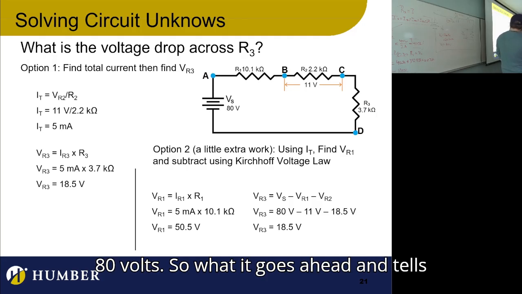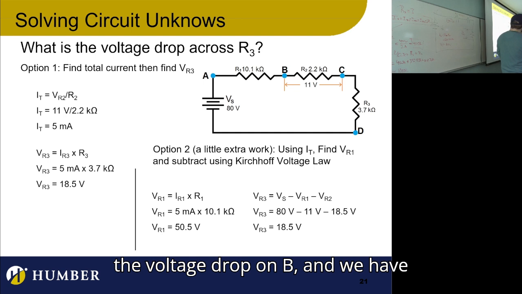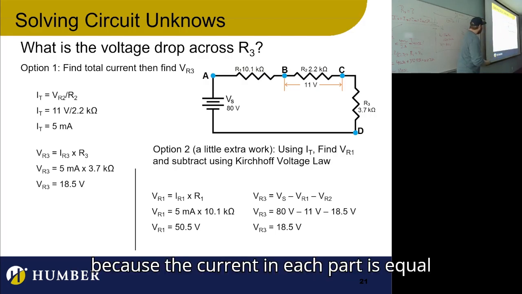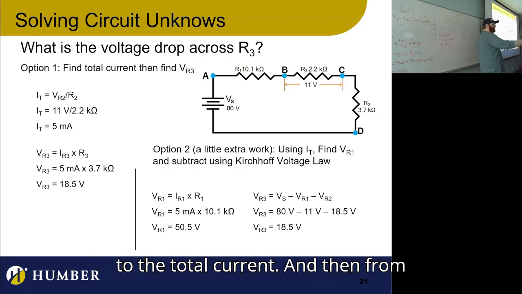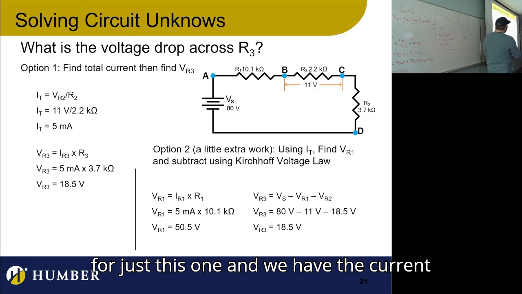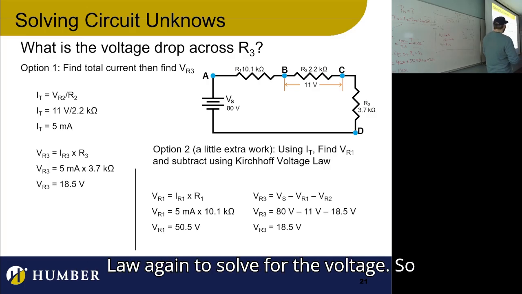So what it tells us to do is figure out the current, because we know the voltage drop on B, and we have the resistance of B. We can use that to solve for the total current, because the current in each part is equal to the total current. And then, if we're looking for just this one and we have the current running through it, we can use Ohm's law again to solve for the voltage.